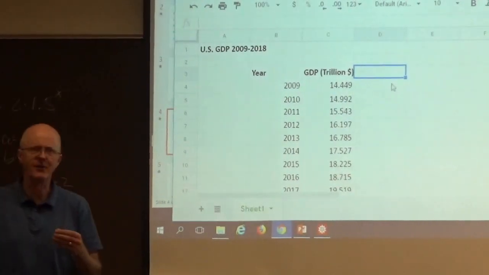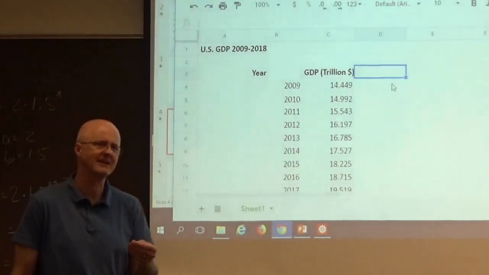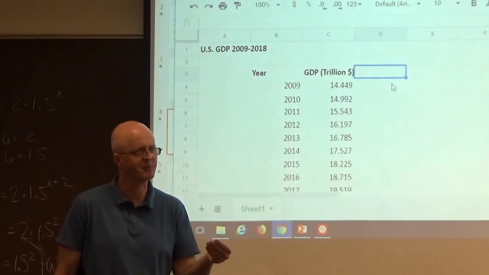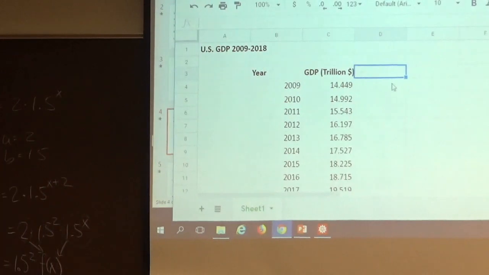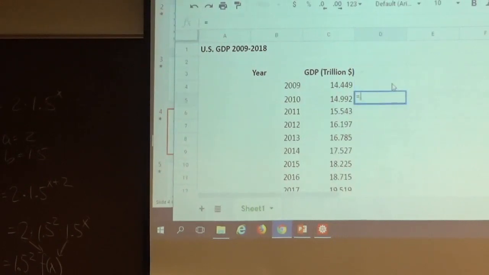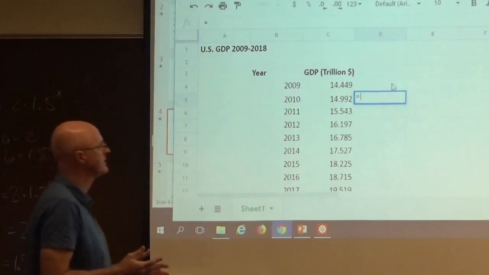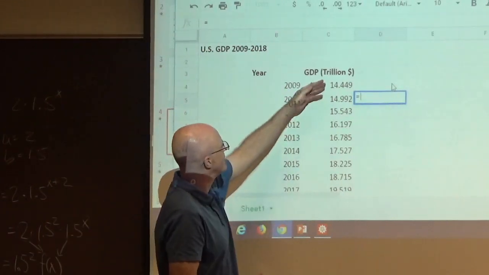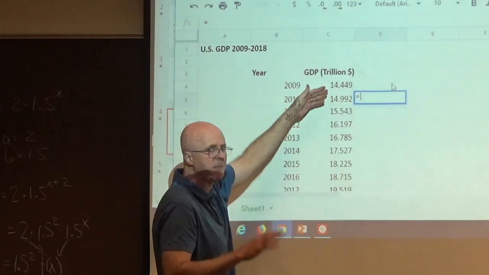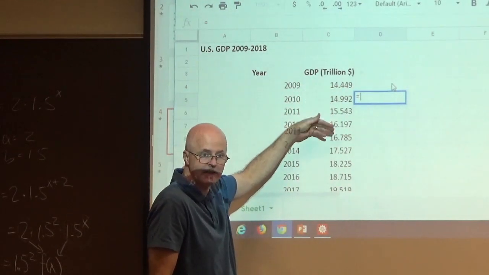So linear functions are built on addition, and exponential functions are built on multiplication. So how can I use that information to figure out whether this is linear or exponential? If this is truly built on addition, then for these outputs here, I should keep adding approximately the same number to get the next output.